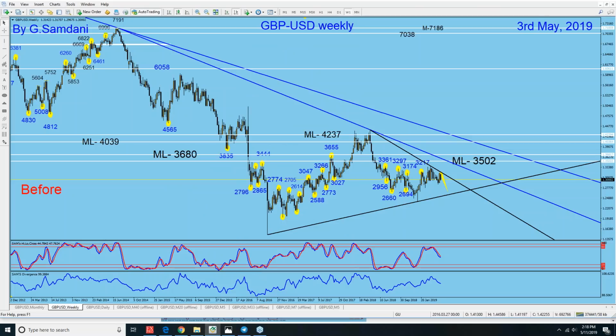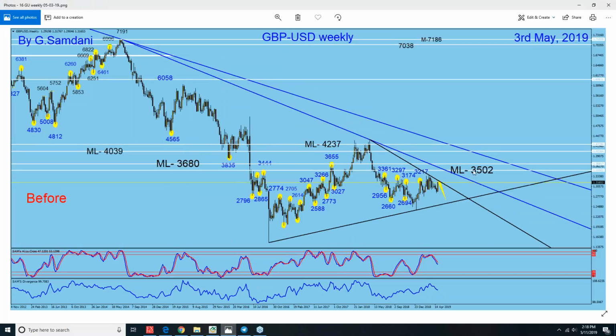Okay, so let's go. This is pound USD, for example, and this is the chart that I made on the 3rd, before the start of this week. The 3rd was Friday, then the 4th, 5th, and the 6th was Monday, and then today is Saturday the 11th. Among all of those pairs, I made the setup and gave it out to the subscribers. This is one of them.